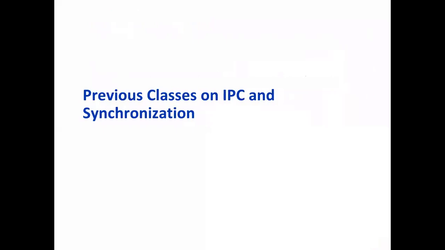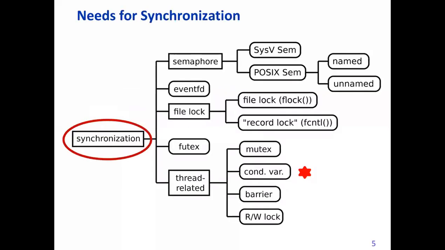In the previous class we studied IPC mechanisms and some synchronization mechanisms. We studied message passing, shared memory mechanisms, and then for synchronization we started looking at locks. So basically here we are in synchronization.